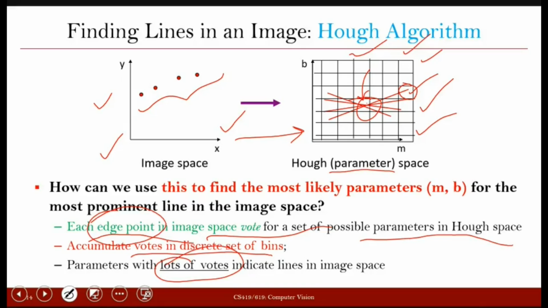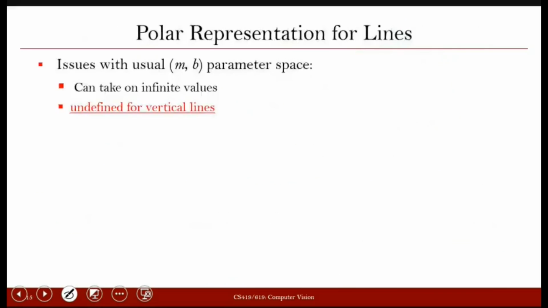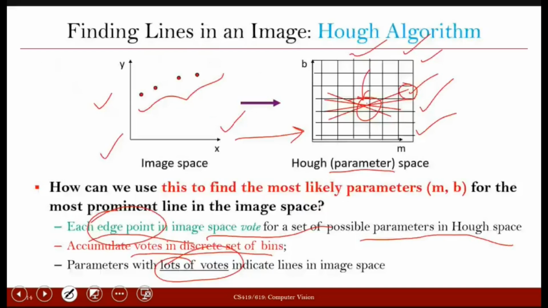And wherever you have a lot of votes, that will define a model corresponding to which, if you go to the feature space or the image space, you will see that the model actually passes through multiple points there. Okay. So this is the whole procedure of detecting lines in any given image.